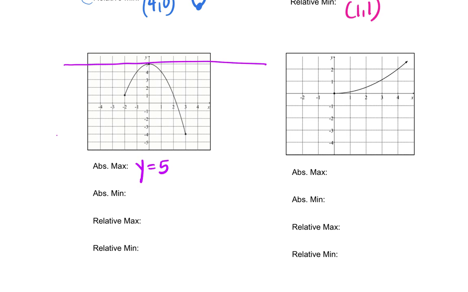And the lowest that this can be is y equals -4. Do we have any relative maximums? Are there tops of hills? Well, this is the top of a hill. So 0, 5 is the top of a hill. There are no dips, so there are no relative minimums.